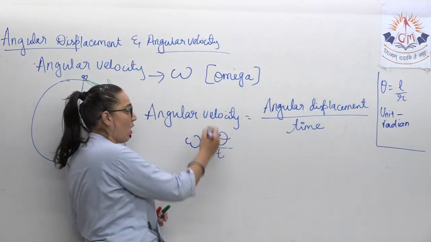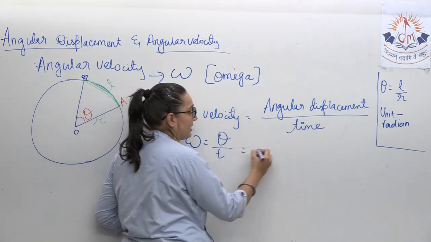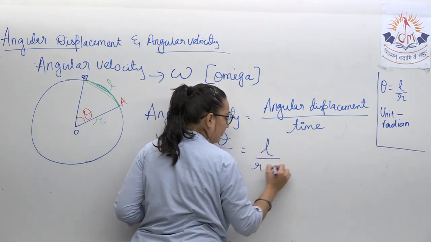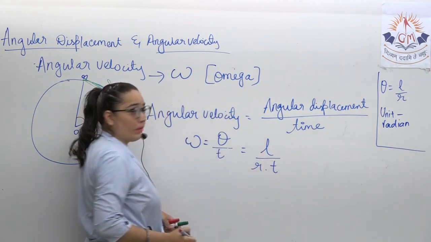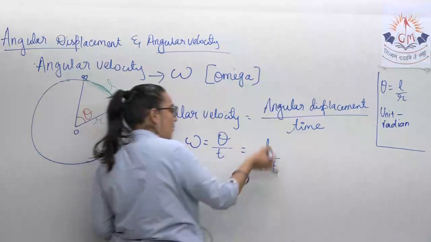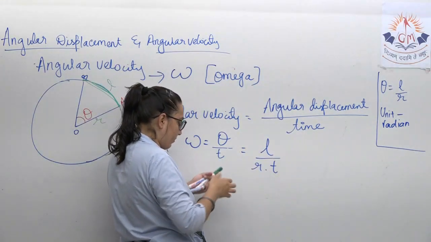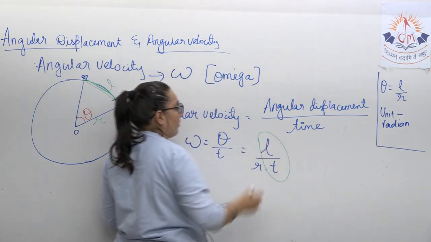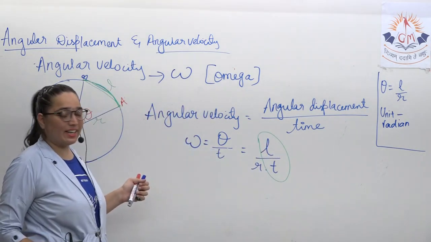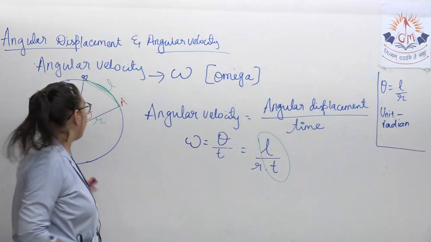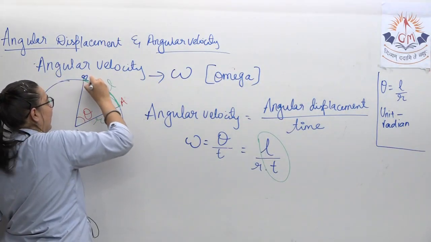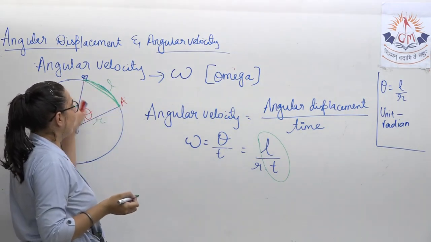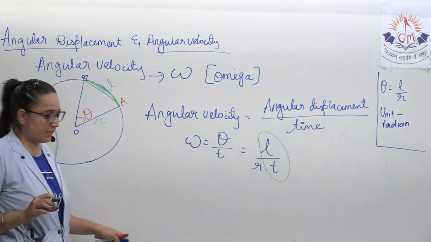What is theta now? It is L by R. Now what is this L by t equal to? If you observe over here, L, the length of the arc, is almost equal to this length, the displacement between the 2 points.